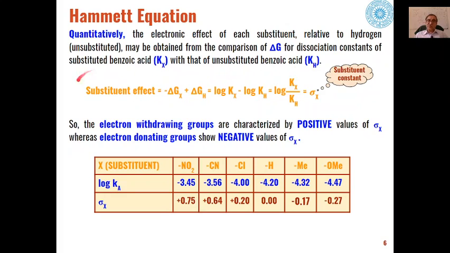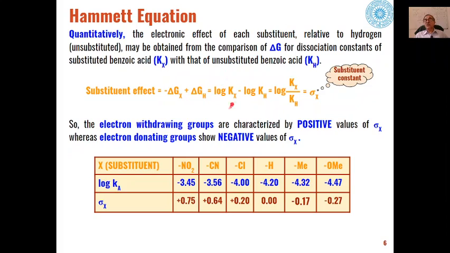So the substituent effect can be given as minus delta Gx plus delta Gh. This is delta G for the substituted substrate, whereas this is the value of delta G for the unsubstituted substrate, and this is related to log Kx minus log Kh.